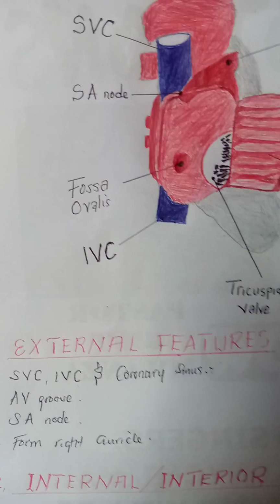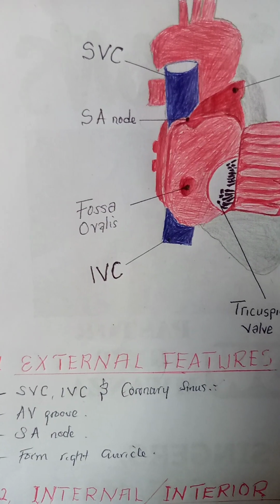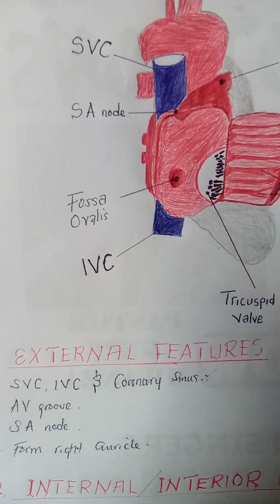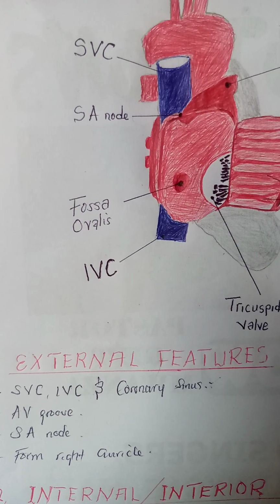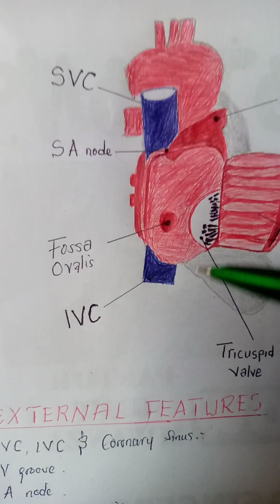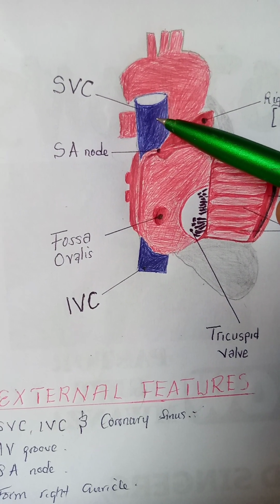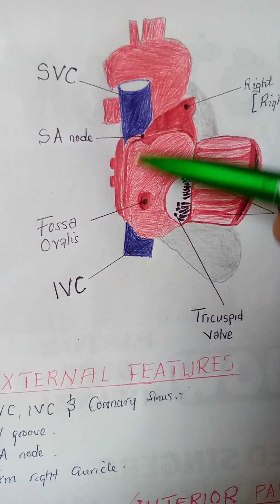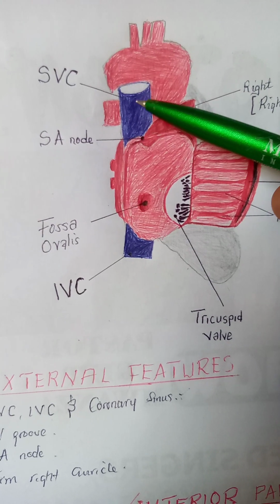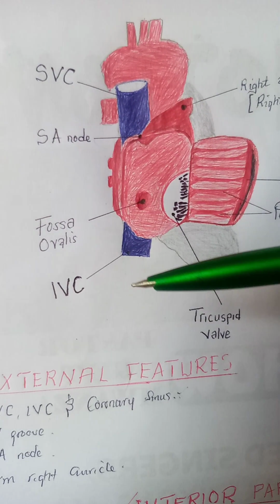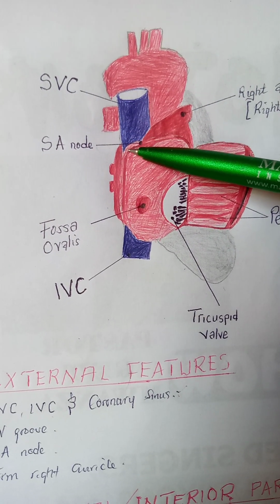These are the features which you can appreciate on the external part of the right atrium. You can see here the inferior vena cava, and you also have the superior vena cava beside it. These two are emptying their content, which is deoxygenated blood, into the right atrium.